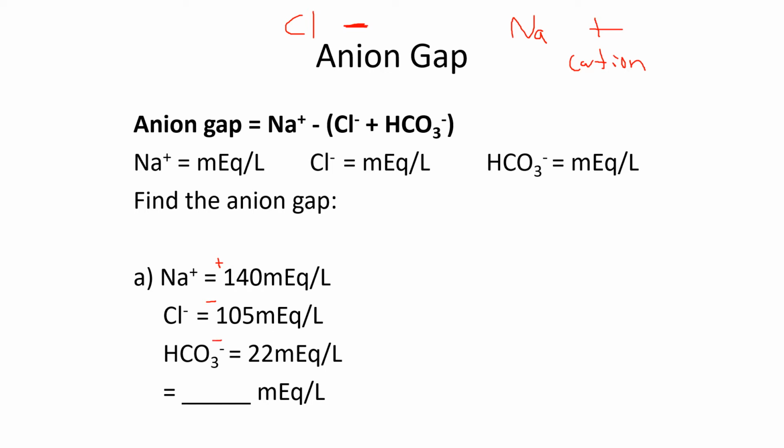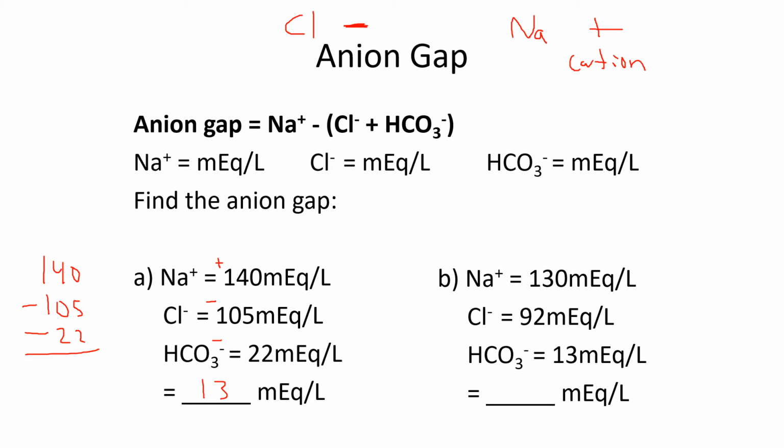So we have 140 positive stuff, 105 negative stuff, 22 negative stuff. Overall, what is my charge overall? 140 minus 105 minus 22. 13, there you go, that's it.